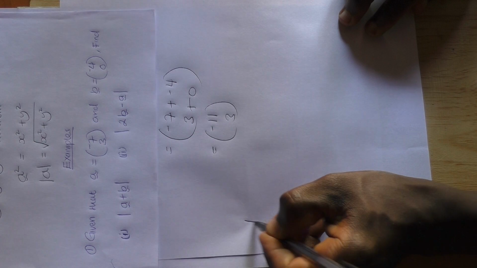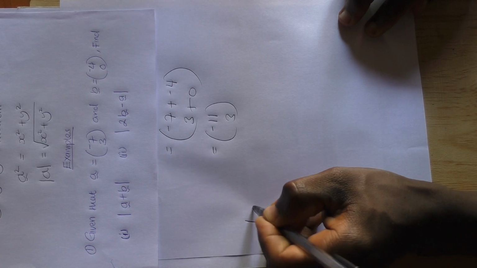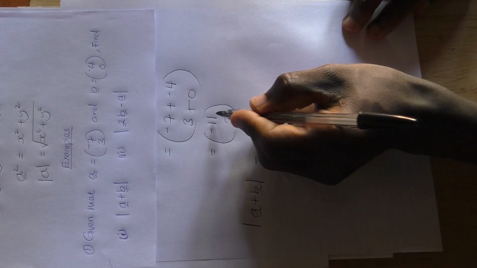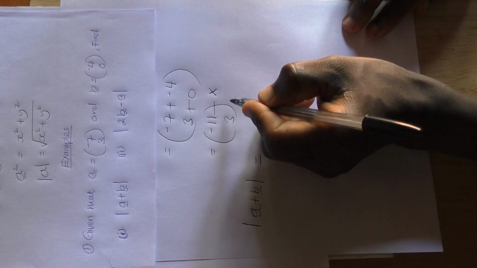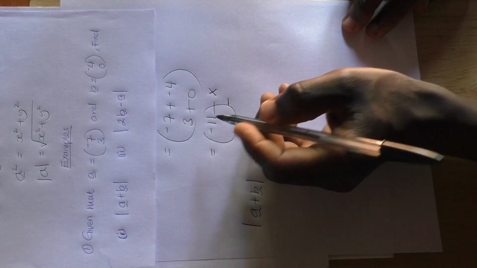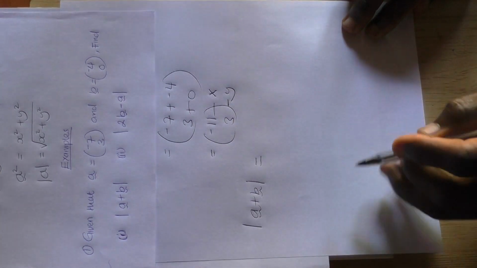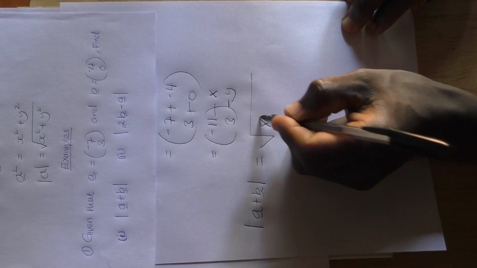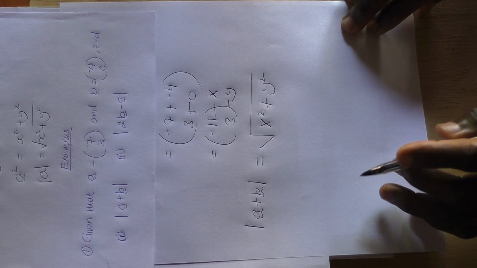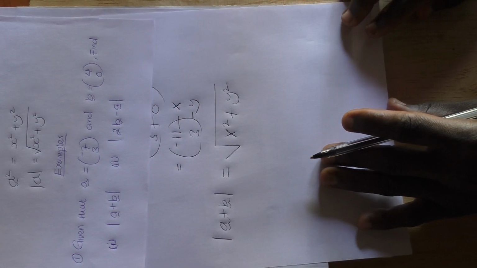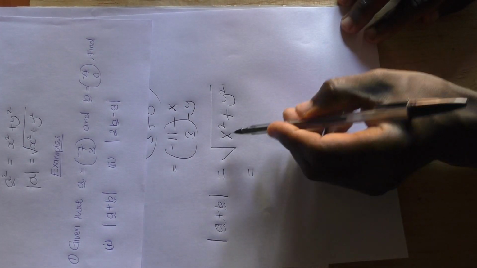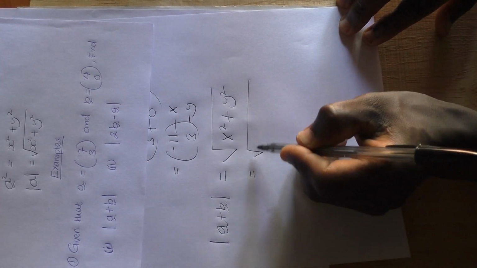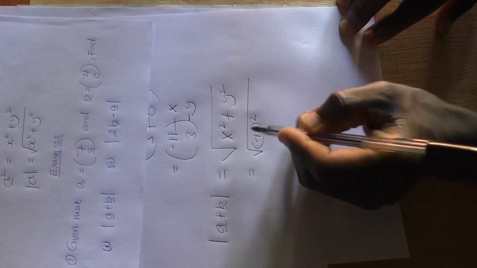Then, for the modulus of A plus B, this is our x component or x coordinate, this is the y coordinate. Therefore, the modulus of this is given by the square root of x squared plus y squared. So we substitute. Where we have x squared, we write negative 11 squared.